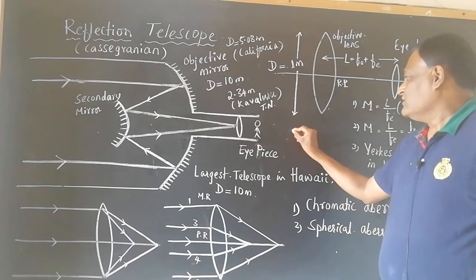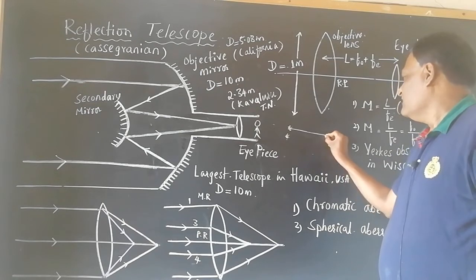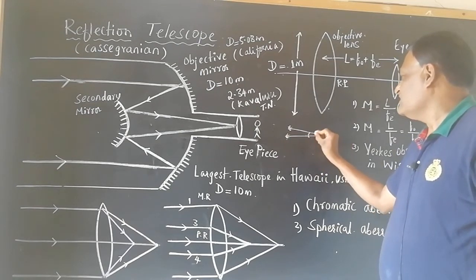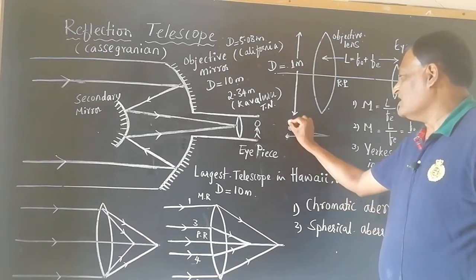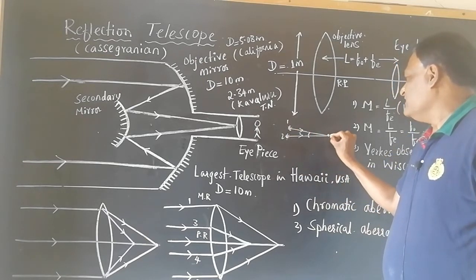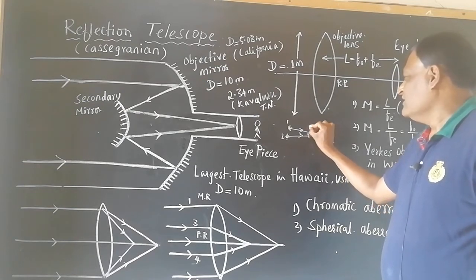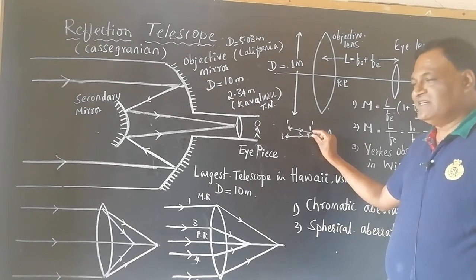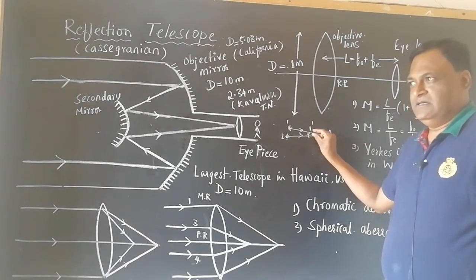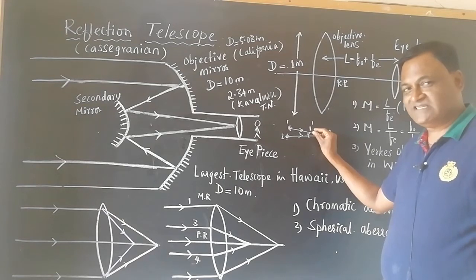So, if two stars are very close by, they subtend an angle, say, 1 minute, for the rays coming from the two stars at the objective lens. 1 degree is equal to 60 minutes, 1 minute equals 60 seconds.